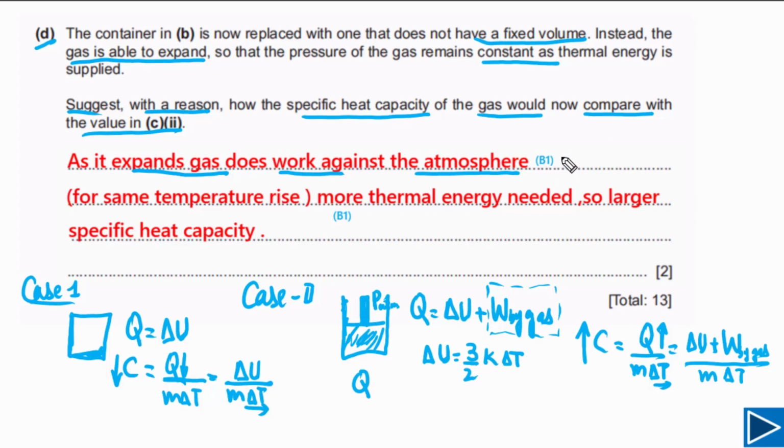So you will get 1 mark. For the same temperature rise, more thermal energy will be required, because for the same rise in temperature you have to give more energy, and the extra energy will be equal to the work done by the gas. So if Q is greater, it means C is greater, as you can see here. So larger specific heat capacity. You will get the second mark.